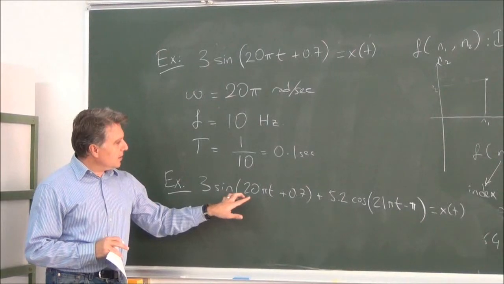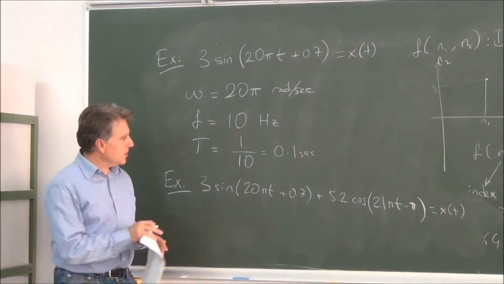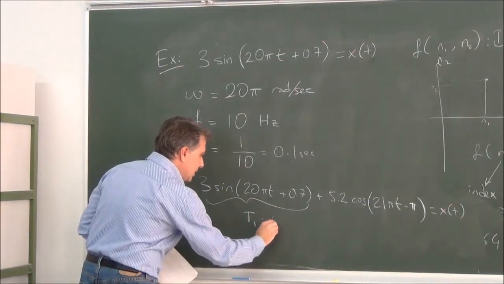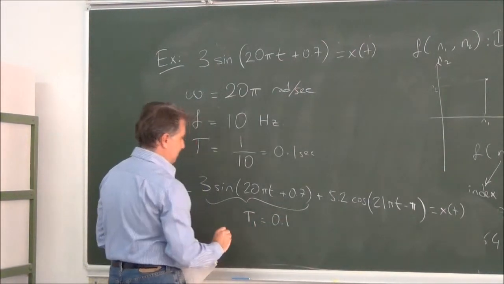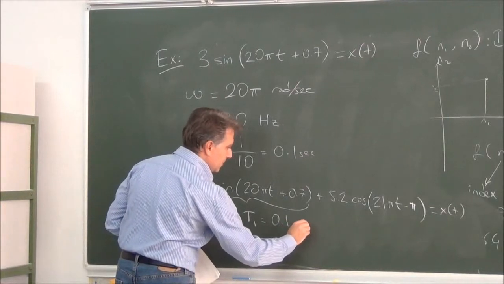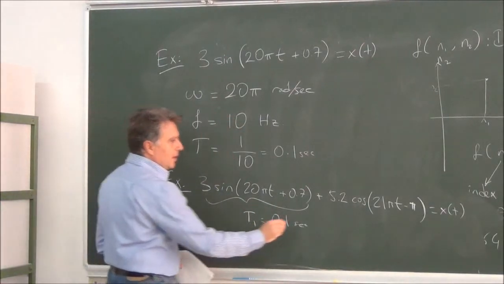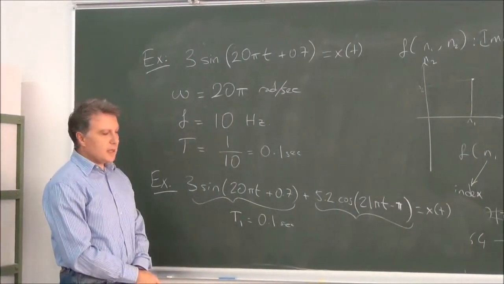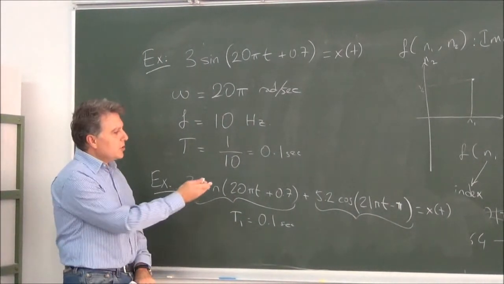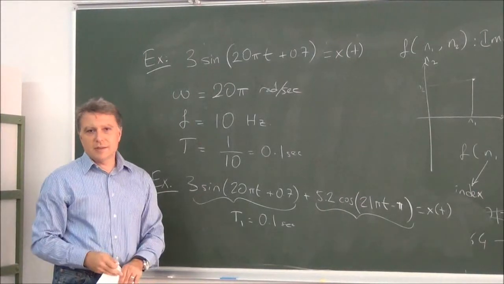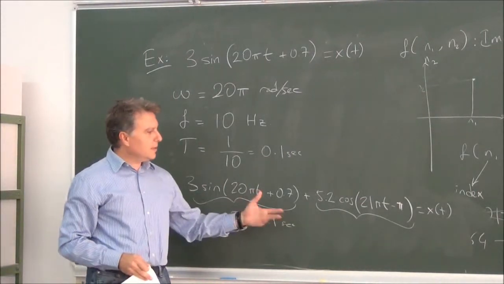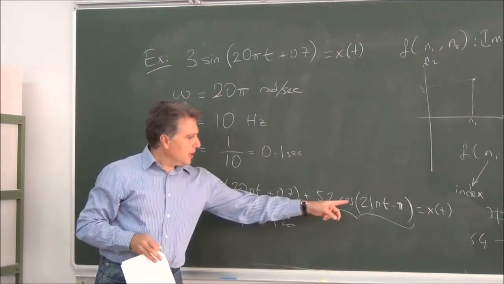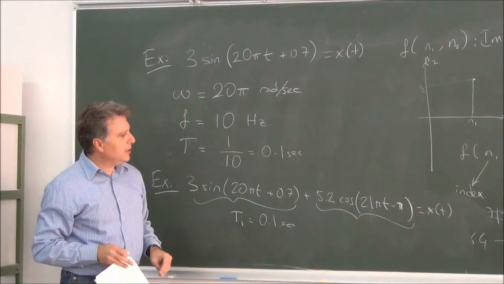We know that the period of this one is 1 over 10. Let's call it T1. It's equal to 0.1 seconds. How about this part? It's again another sinusoid. Whether it's cosine or sine or tangent, it doesn't really change anything. They are all periodic with 2 pi in terms of the angle terms. And the angle is 21 pi t minus pi.